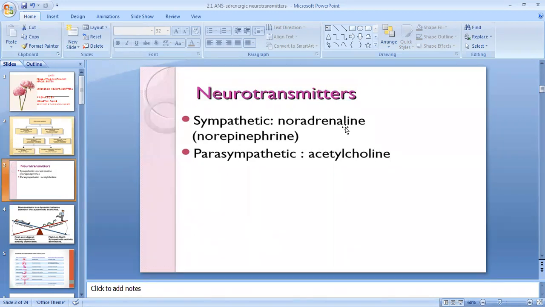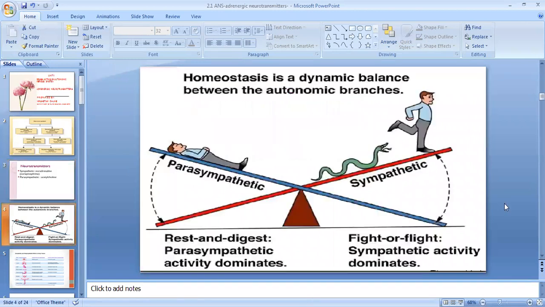The neurotransmitter involved in the sympathetic nervous system is noradrenaline, also known as norepinephrine. And the neurotransmitter which conveys the message of which system? The parasympathetic nervous system. That neurotransmitter is acetylcholine.